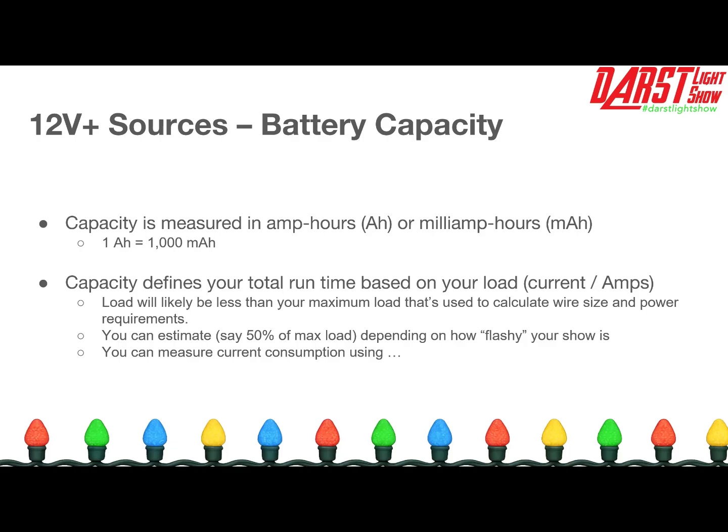With the 50 amp show at a 25 amp hour battery, you might be able to get 2 hours out of it. Just again depends on how much power you're actually using and how efficient your circuits are and all that kind of stuff. So it's really hard to know that unless you actually hook up a power monitor and check to see how much you're actually using. There's ways to record that, and we'll talk more about that.